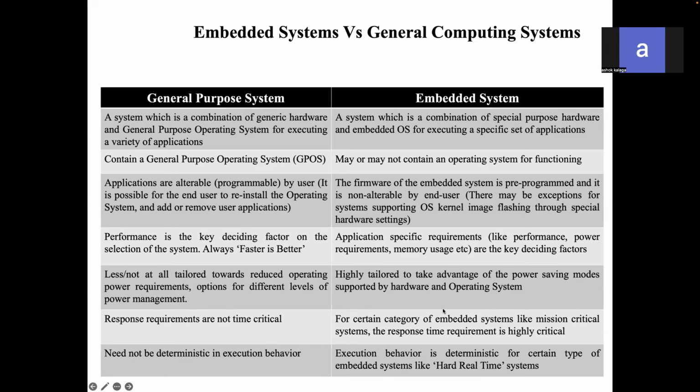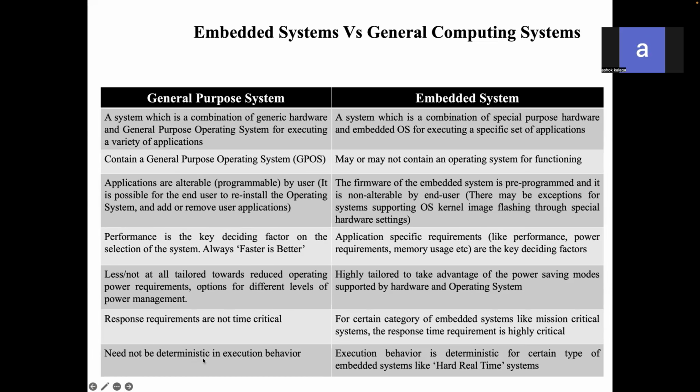There are various power saving modes which can be supported by the embedded system. The response requirements of a general purpose system are not time critical, so there is no time bound. But in the case of an embedded system, for certain categories like military applications, the response time requirement is highly critical.